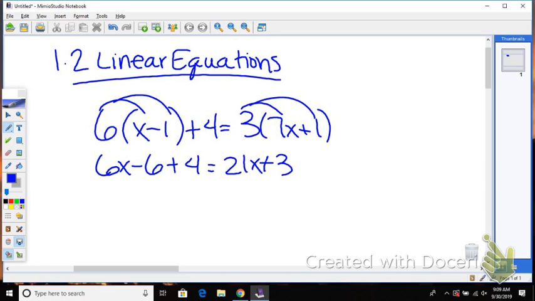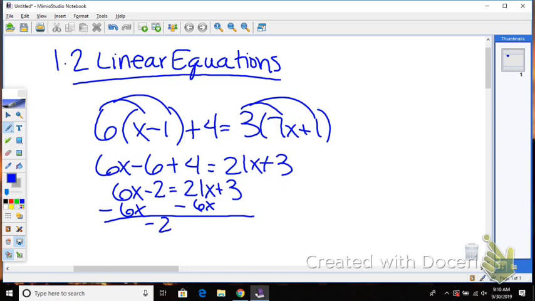Okay, is this what you got when you distributed? Yes? So now I'm going to just combine like terms on the left side here, and I have 6x minus 2 equals 21x plus 3. Then I have to decide where I want to move my x's, to the left or to the right. To the right, okay. So I'm going to subtract the 6x.